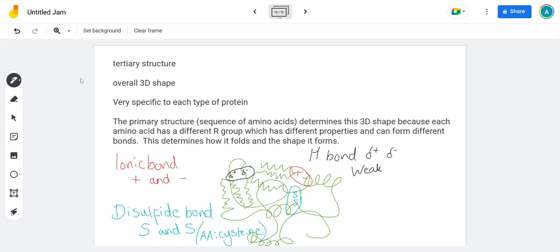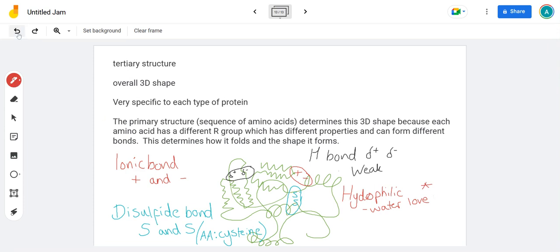And the final thing is hydrophilic and hydrophobic. Hydrophilic means water loving. Hydrophobic means water hating, like phobic, like scared of. So we've got hydrophilic, which is water loving.